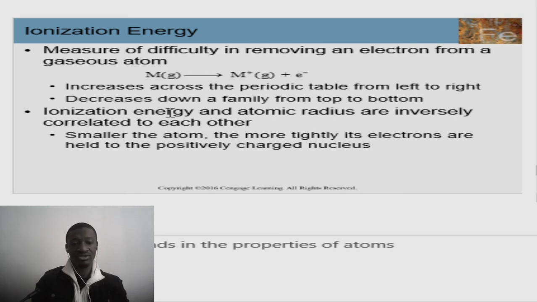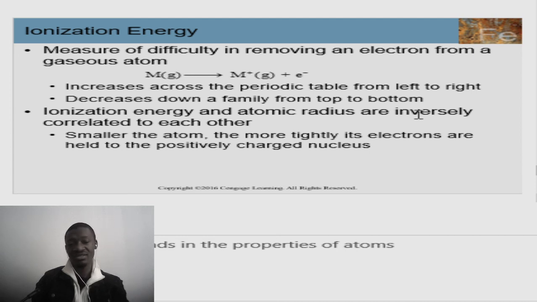The ionization energy increases across the periodic table from left to right, and then decreases down a family from top to bottom. So notice that this is different from the previous trend we looked at. Ionization energy and atomic radius are inversely correlated.